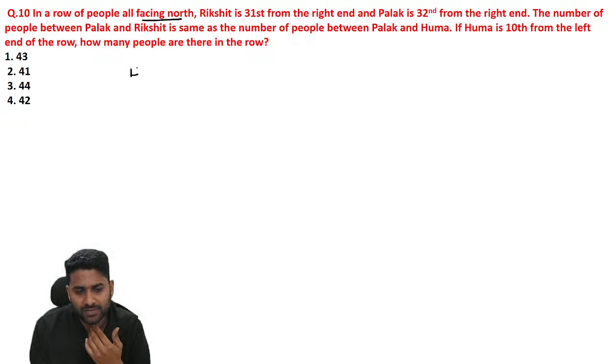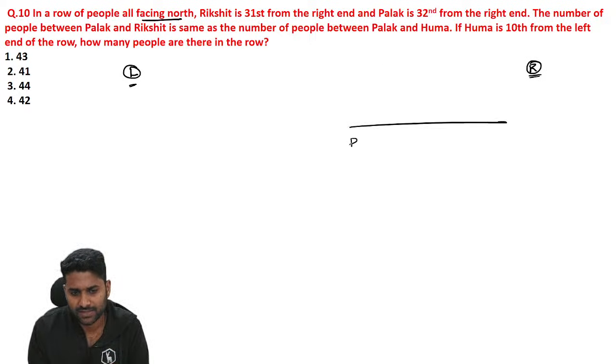All are facing north means consider this as the left and right condition. This is the completely right hand and left hand. Now Rikshit is 31st from the right hand. So this is the place where you can confirm Rikshit.